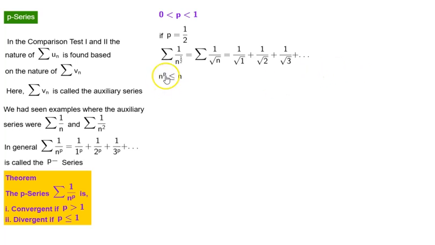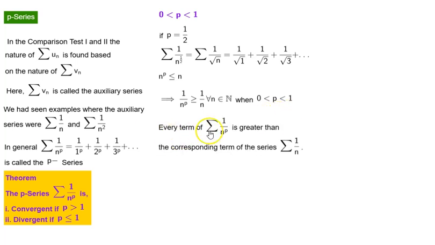We know n to the power of p is less than or equal to n. It will be equal when p is 1. But we are in this case, so it will be less than n. That implies if we take the reciprocal of both these, then the inequality changes. 1 by n to the power of p is greater than or equal to 1 by n for all n in natural numbers when p is between 0 and 1.